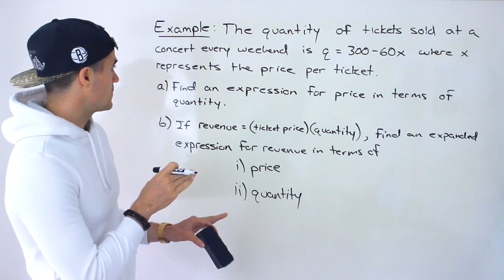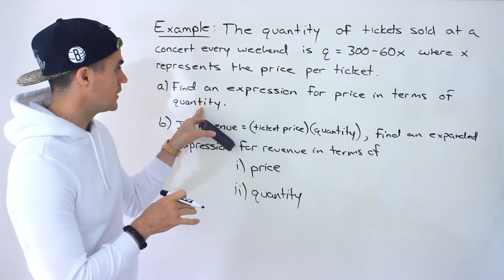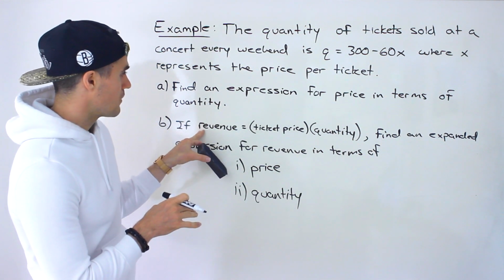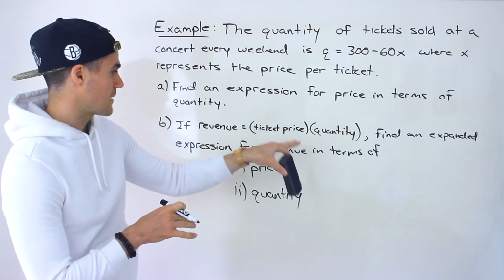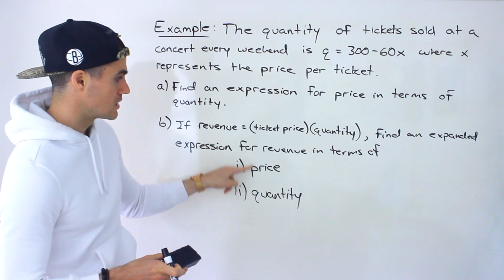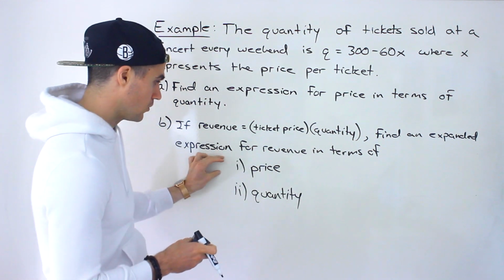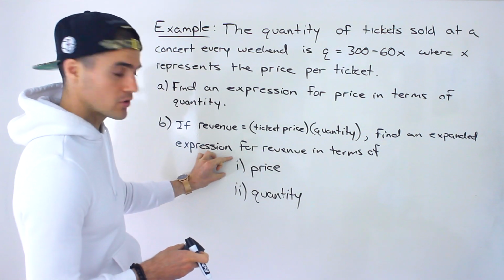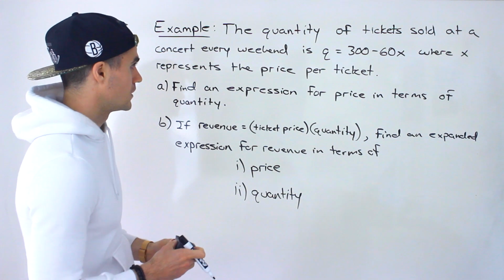And given that information in part A, we have to find an expression for price in terms of quantity. And then in part B, if revenue equals ticket price times the quantity, we have to find an expanded expression for revenue in terms of either price or quantity. So two different expressions here. One's going to be only in terms of the price variable. This one's going to be only in terms of the quantity variable.